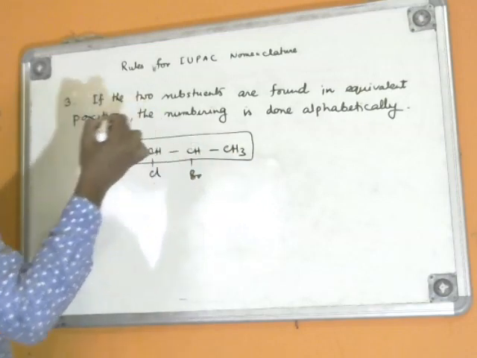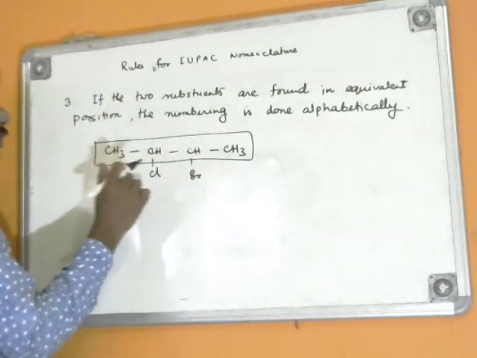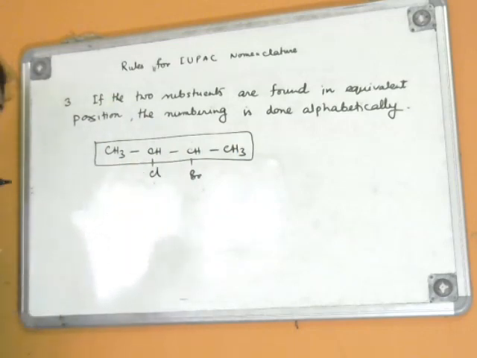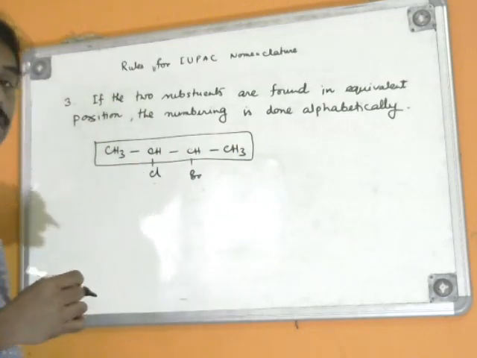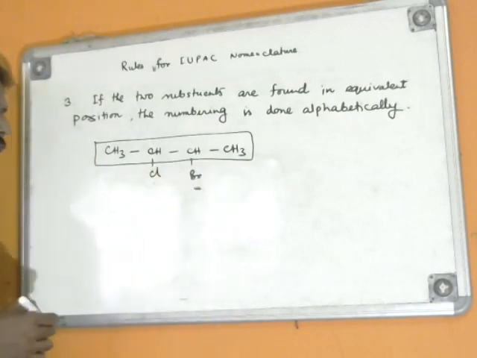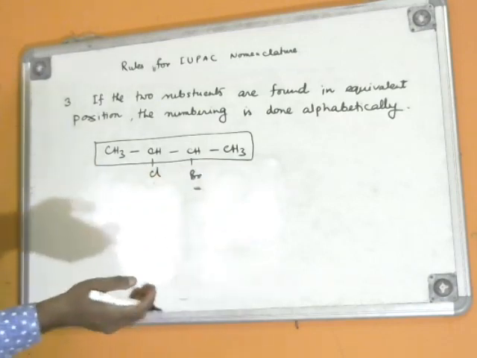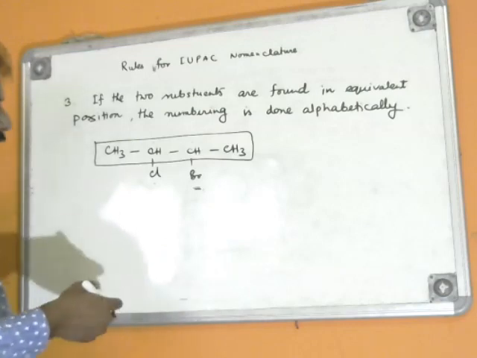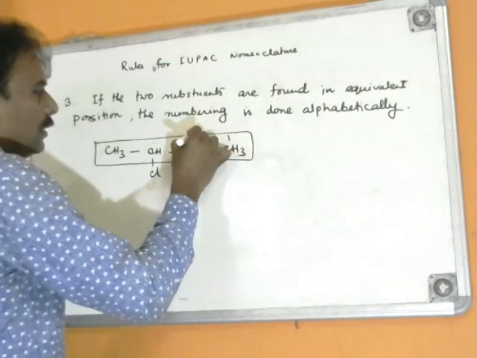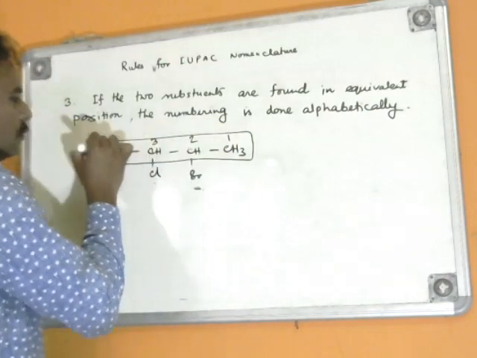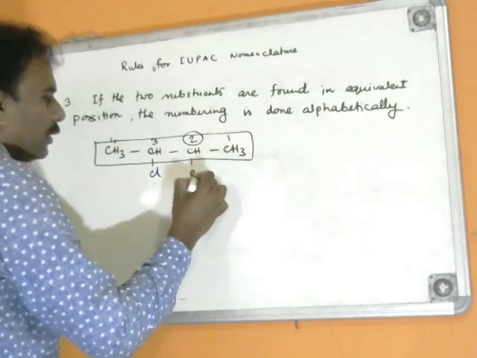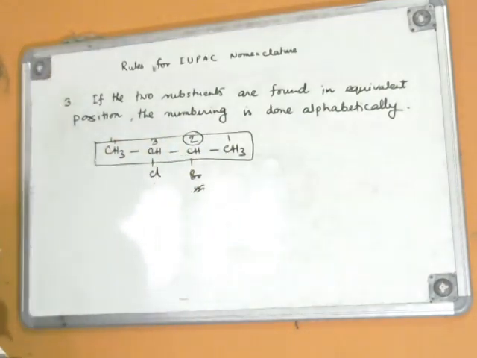So both positions are equivalent. In that case, chlorine starts with C, but bromine starts with B. Alphabetically, bromine comes first, so we have to put the numbering in this manner. That means the priority will go to bromine. So that will be the numbering.